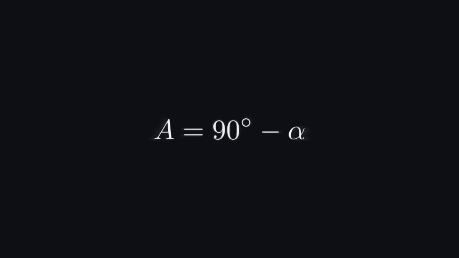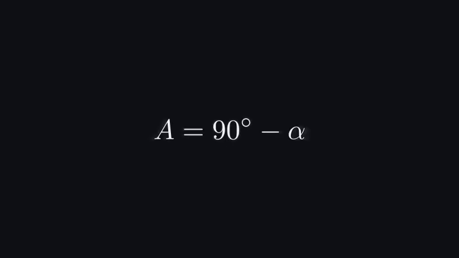We know that cos of 90 degrees equals 0. Since 0.2 is close to 0, the angle A should be close to 90 degrees, but slightly less than 90 degrees. So we write A equals 90 degrees minus alpha, where alpha is a small angle.